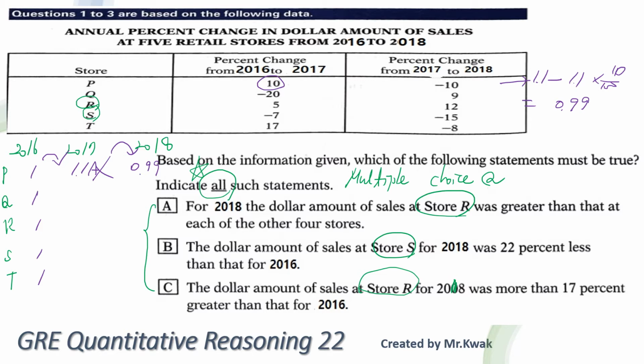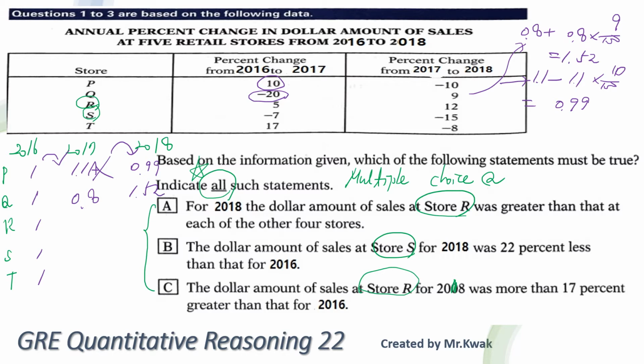Then let's move on to Q. So minus 20%, in that case 0.8. And then this part was 0.8 plus 0.8 multiplied by 9%. So in that case, it could be 1.52.